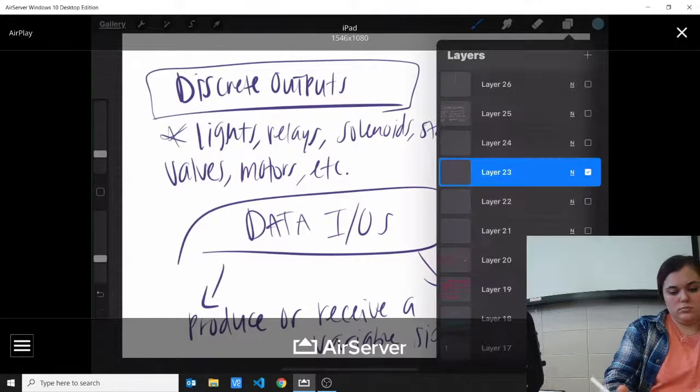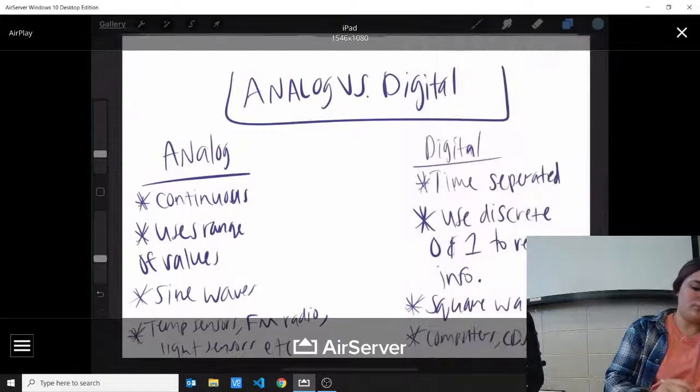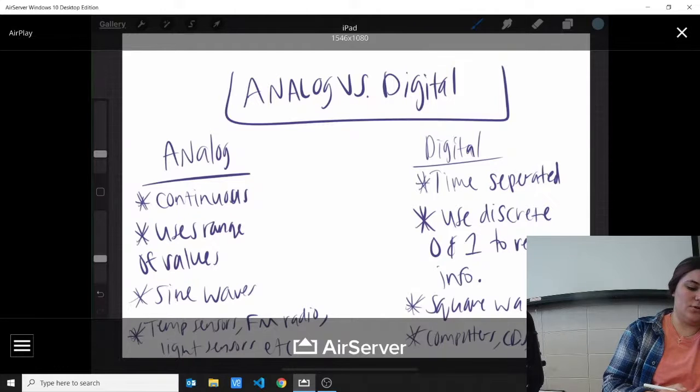So analog versus digital. Analog has a continuous range of info going to it at all times. Digital is time separated. So it might have this bit coming in at this time and then 0.5 seconds later come in at this time. Analog uses ranges of values, whereas digital uses discrete 0s and 1s to represent info.